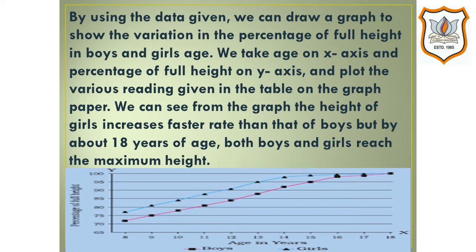The graph thus obtained is shown here in the picture. We can see from the graph that initially the height of girls increases at a faster rate than that of boys, but by about 18 years of age, both boys and girls reach the maximum height.